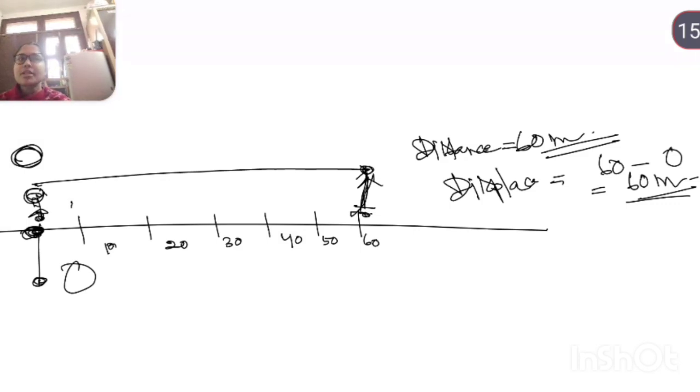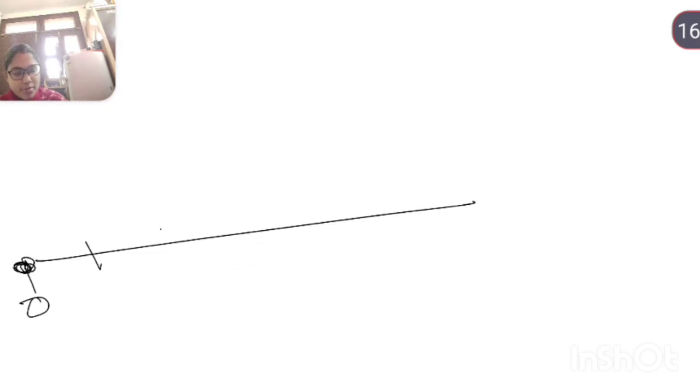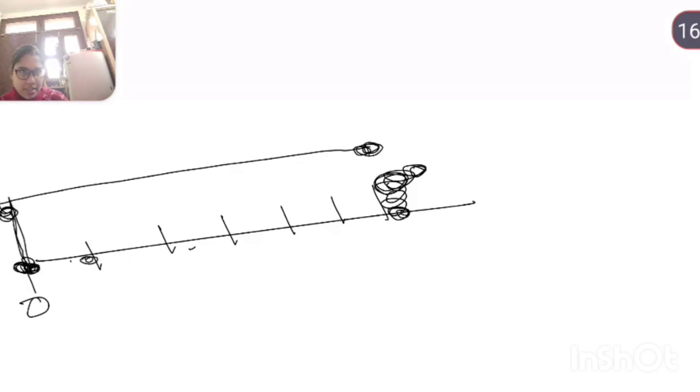Suppose the next situation: this is my initial position 0, and then 10, 20, 30, 40, 50, 60. Suppose from the initial position I move to 60, then I go backward and end up here, at 30.